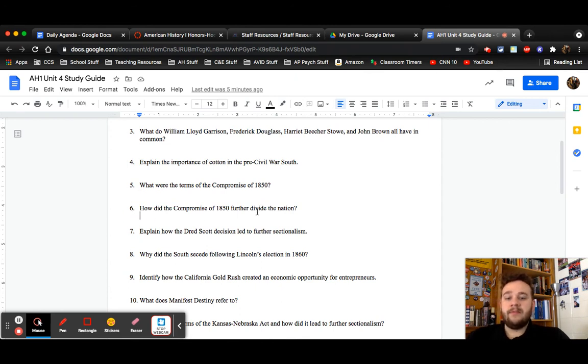How did the Compromise of 1850 further divide the nation? The Fugitive Slave Act was the most divisive thing about the Compromise of 1850. Big thing the North got out of it was California being admitted as a free state. Big thing the South got out of it was the Fugitive Slave Act. We talked about how that won over previously ambivalent Northerners, who didn't really care either way about slavery, to the abolitionist cause, because this meant that slave catchers would come into the North and potentially kidnap free Black Americans, many of whom had integrated into Northern society at the time.